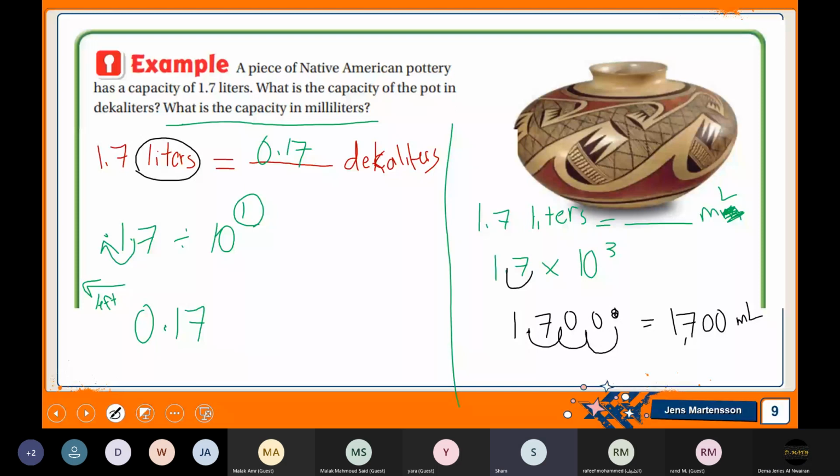Teacher, this way of using power of 10 is easier than dividing and the X way. Yeah, dividing that way is only for the customary. For the metric units, you will use the ladder.